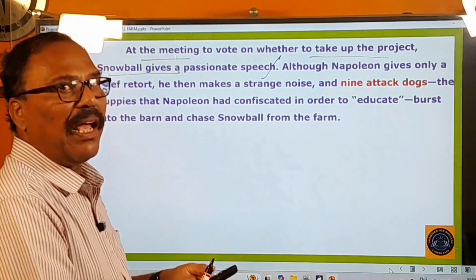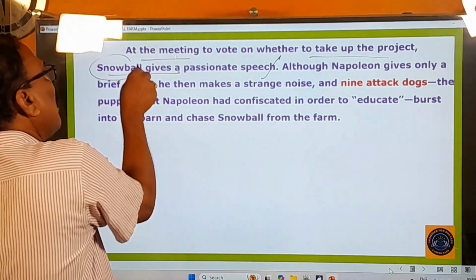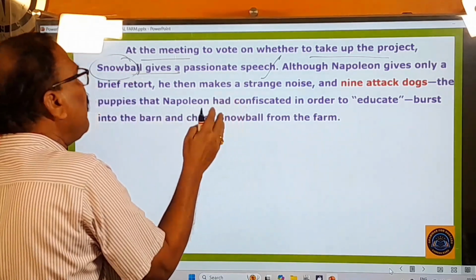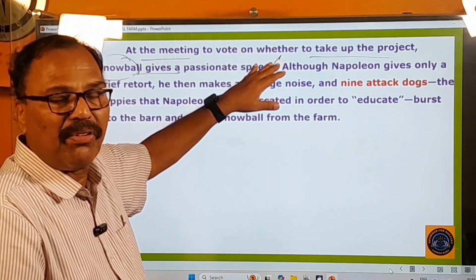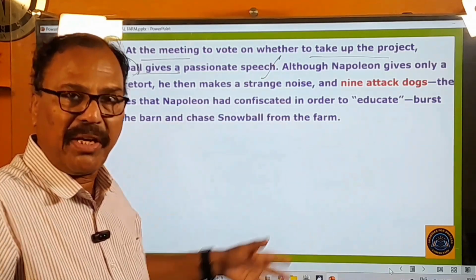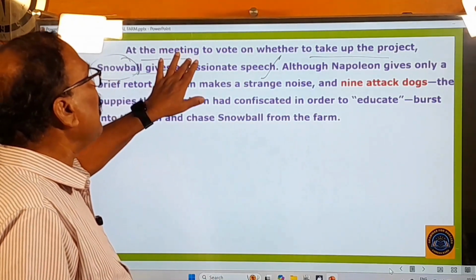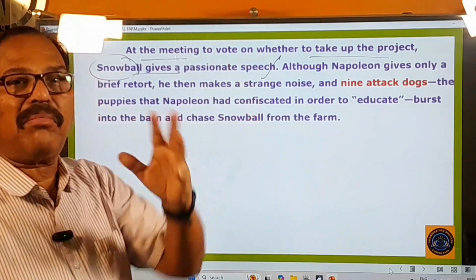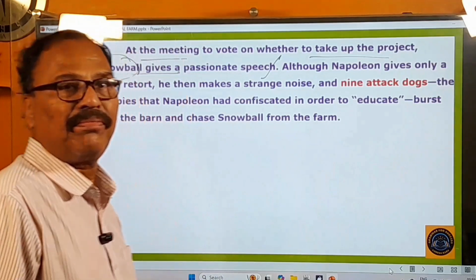Building an electricity generating windmill is only his proposal, but he cannot go forward with it on his own. He should also obtain the consent of the other animals living with him. So he has conducted a meeting, and in that meeting he has requested all the other animals whether they should go forward with the project or not.